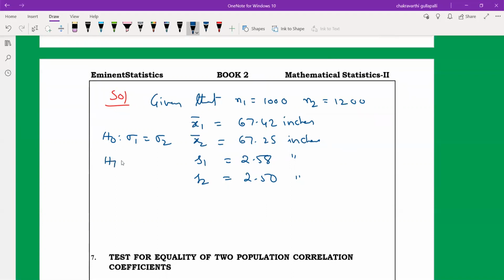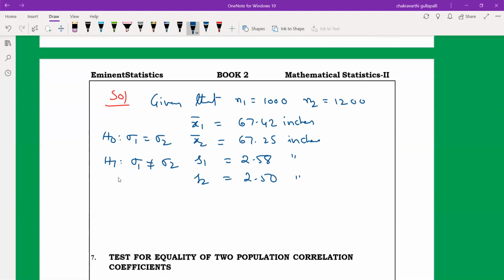Alternate hypothesis: sigma 1 not equal to sigma 2, so it is simple against composite. There is a significant difference between the two sample standard deviations or the two population standard deviations. Here we examine the population standard deviations based on the sample standard deviations.